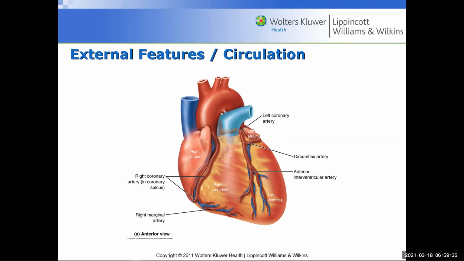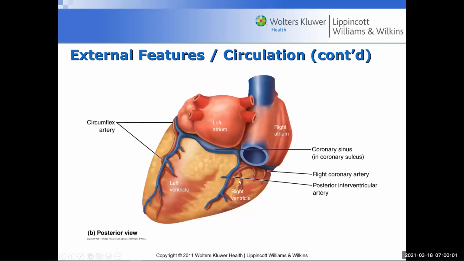Here we see the left coronary artery, circumflex artery, anterior interventricular artery, right? This supplies blood to this portion of the heart, whereas the right coronary artery is within the coronary sulcus as shown here, and then it gets smaller and goes to the right marginal artery. So collectively, these arteries supply the blood to the heart itself.